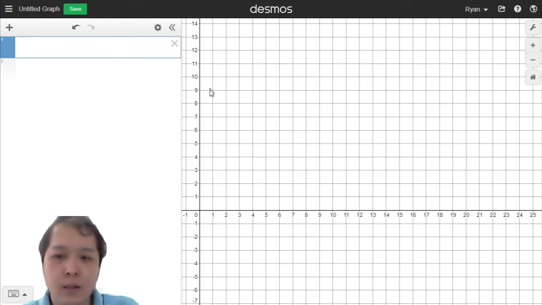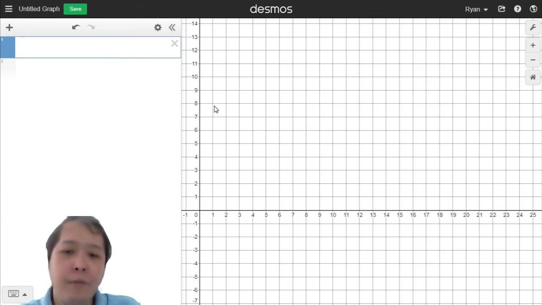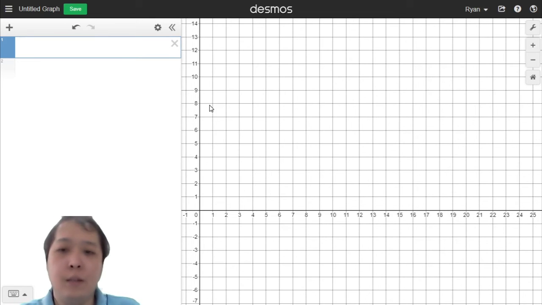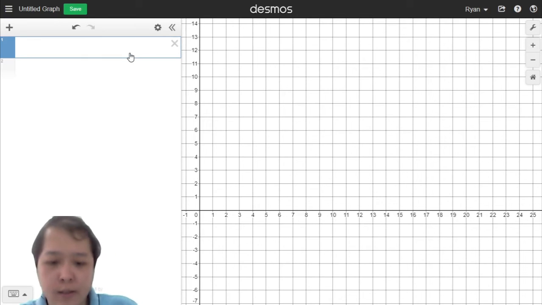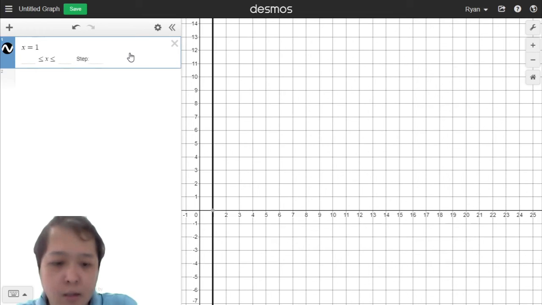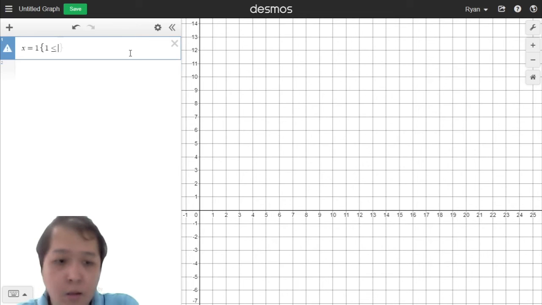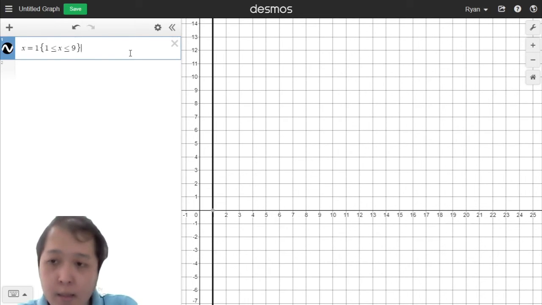By the way, I will follow the sketch that I have done before, sketching without equations. The straight line, okay. This is going to be x is 1, interval 1, oh sorry, it's y.